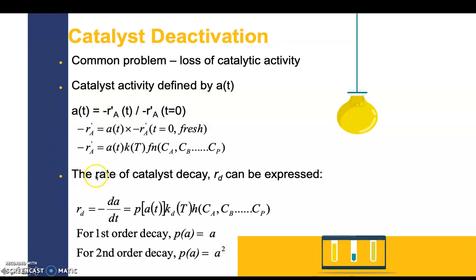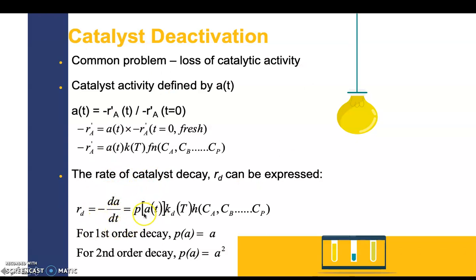Okay, so the rate of catalyst decay, or r_d, can be expressed as, it's just similar to the overall rate of reaction, but this time around it is dA/dt, meaning the differential in your catalyst activity over time.